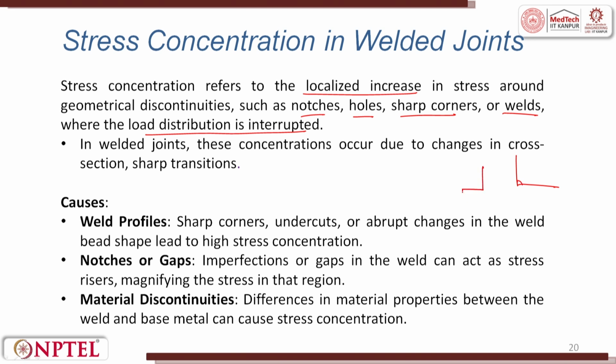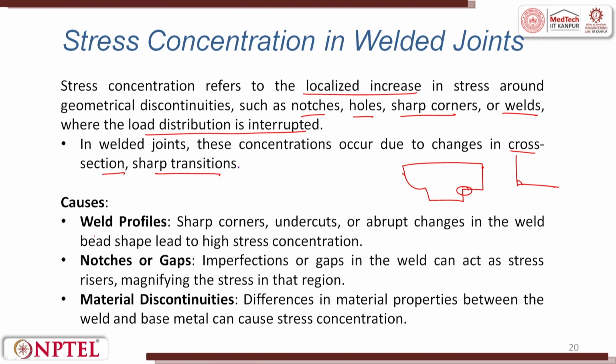There could be systems where different corners, different circles, this kind of system could be there. So, when this is to be joined at some place, for example, at a corner here somewhere, there the stress distribution becomes irregular. So, in welded joints these concentrations occur due to changes in cross section, sharp transitions or so.